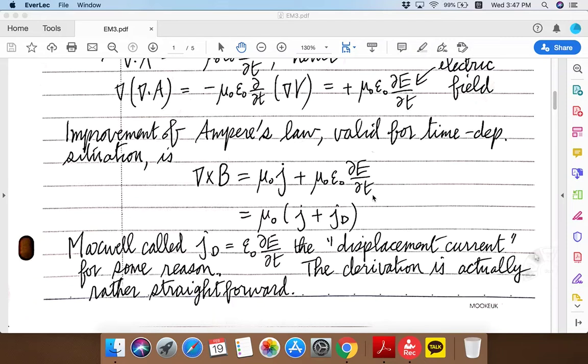And I think the reason for that is that you can combine these two terms, after taking out the overall factor of permeability, mu zero, as the physical current density, J, plus some extra current density, JD. And JD is nothing but this time derivative of the electric field.